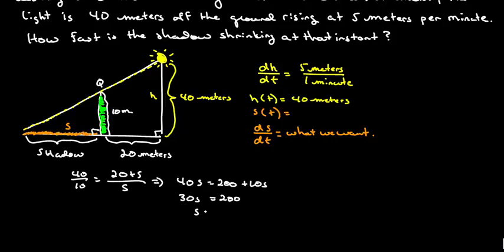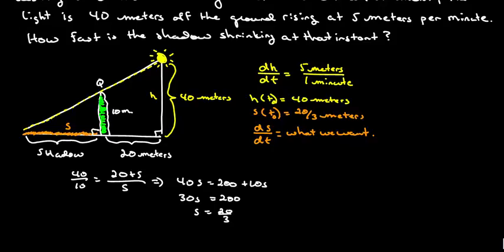So we'll divide each side by 30, and that'll give me 20 over 3. So at whatever time this is, I don't know exactly what time, I should say t, well, let's just call it t naught, okay? So at t naught, the length of the shadow is 20 over 3 meters, so approximately 7 meters, okay? And the height is 40.